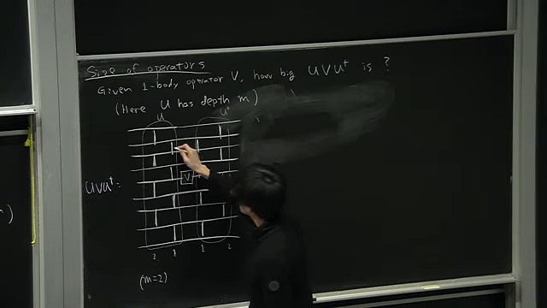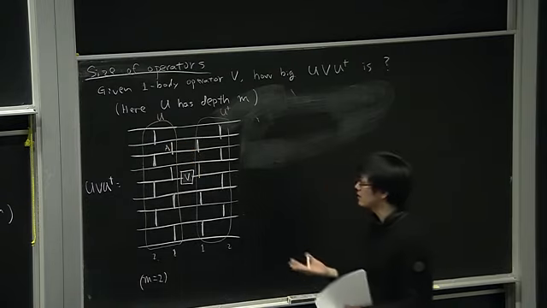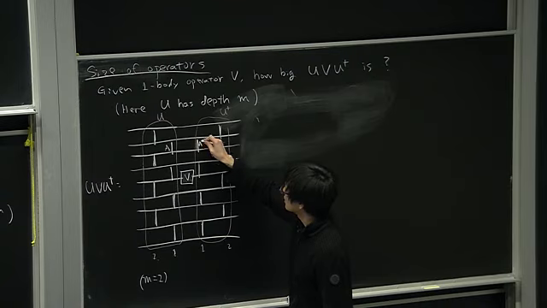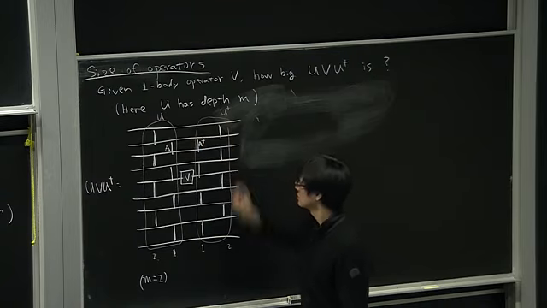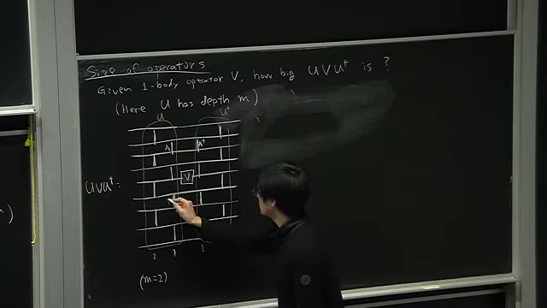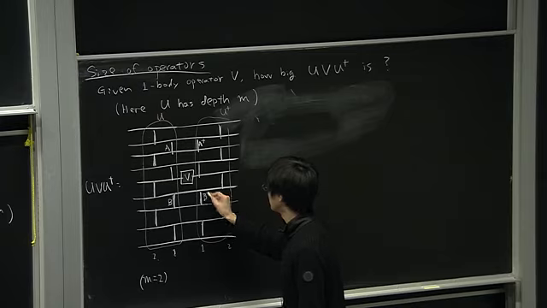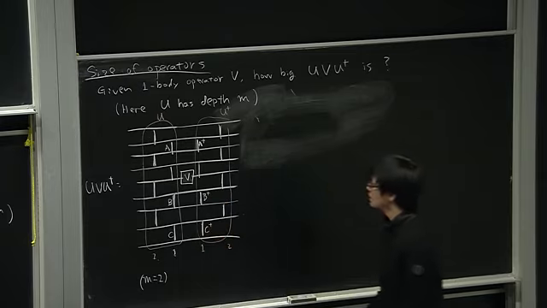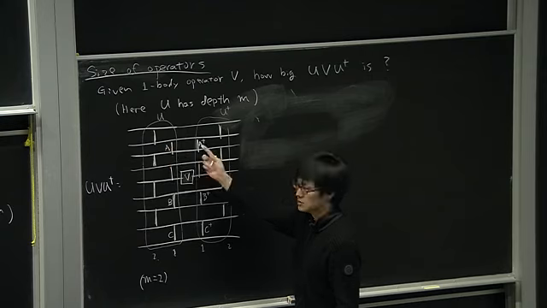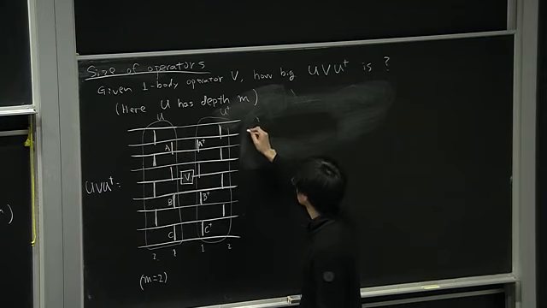For example, if this two-qubit operator is A, or some unitary operator, then this guy must be A dagger, right? Because it's the inverse. Again, if this is B, this will be B dagger. If this is C, this will be C dagger, and so on. Now the point is, in the unitary operators, A times A dagger is always identity.